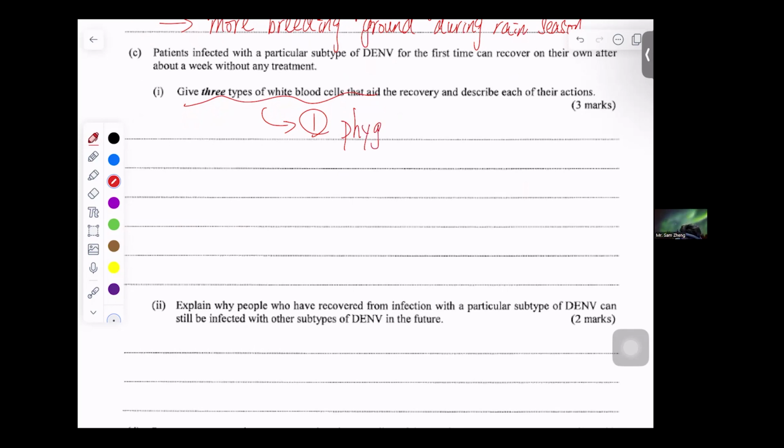Then we need to think about what is the function of the phagocytes here. In fact, the phagocytes will engulf the aggregated viral particles.